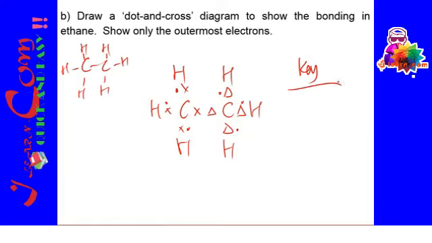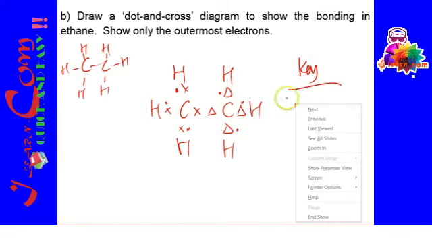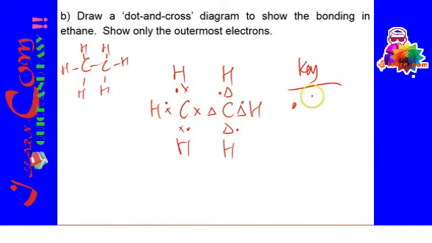And I have my key. This is the electron of hydrogen, and this one are the electrons of carbon. Show only the outermost electrons. Dot and cross diagram, all single bonds. One pair of electrons makes up one bond.